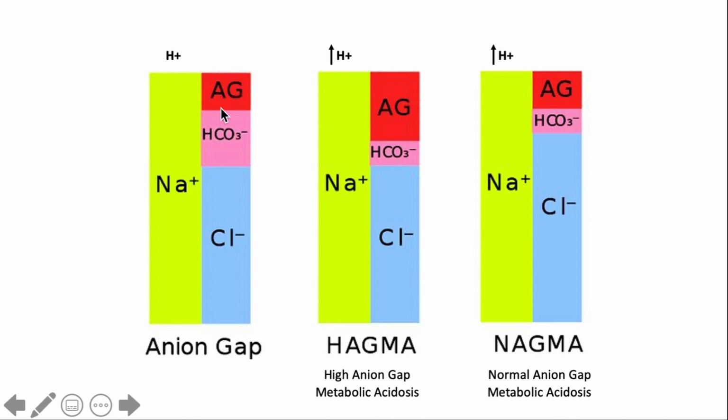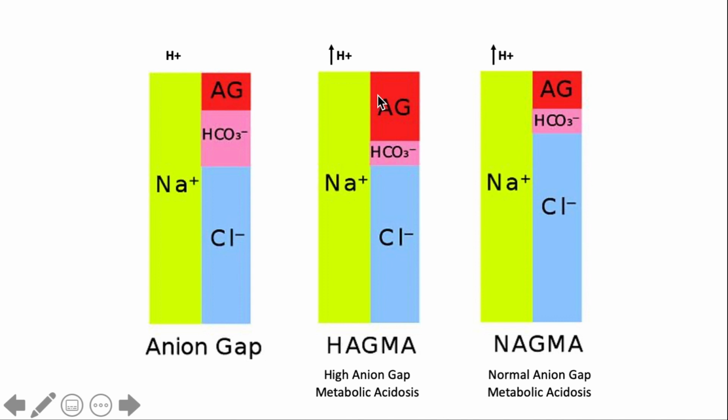But if the blood becomes more acidic, then there are two different types of metabolic acidosis. Both types are consuming bicarbonate, right? We're trying to decrease the pH of that blood, so we consume this bicarbonate. When we do that, you can either make up for the anions with an increased level of chloride, or there might be other anions present that interfere with that, such as drugs, salicylates, things like that.